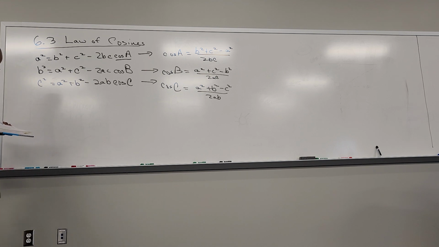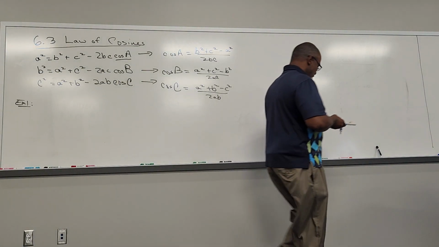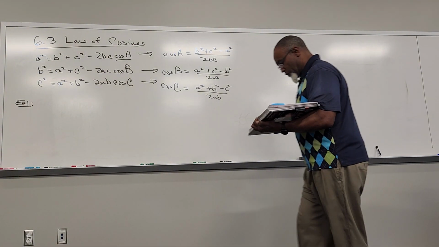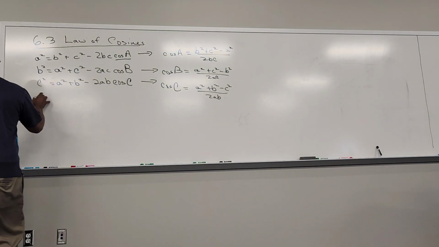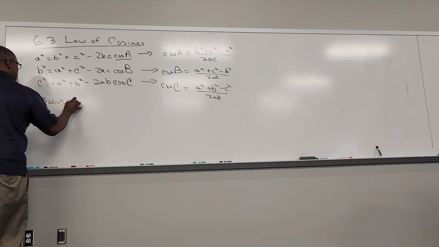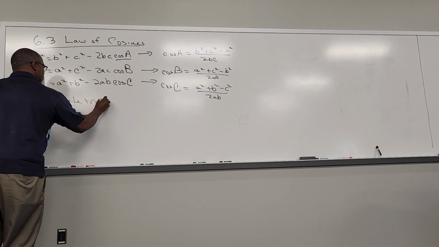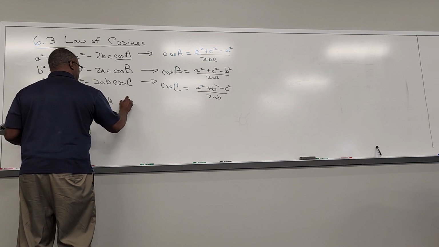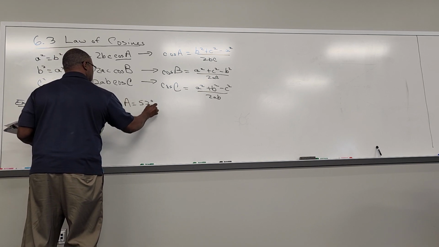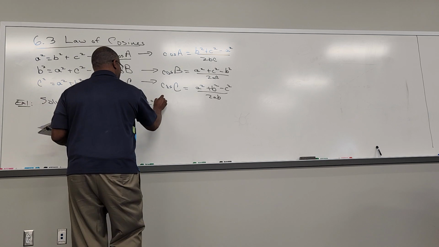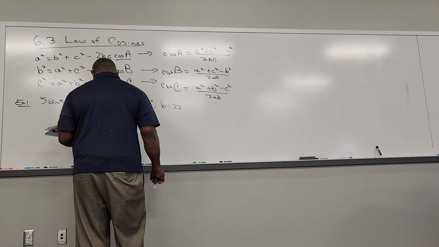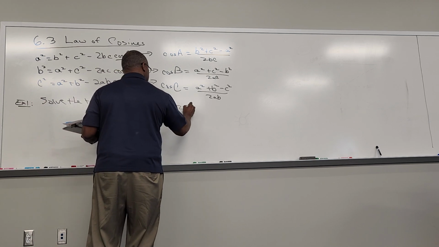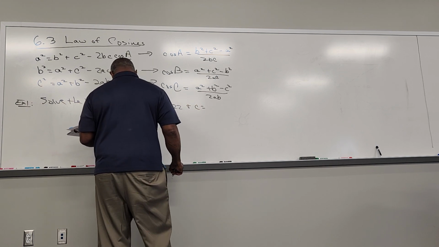So again, let's do some. Let's do example one. Example one in your text says to solve the triangle, with angle A equals 52 degrees, side B equals 22, and side C equals 35.